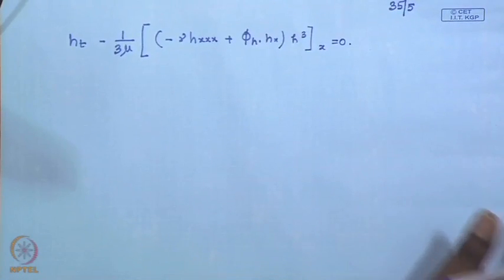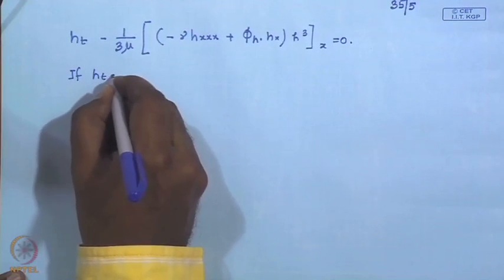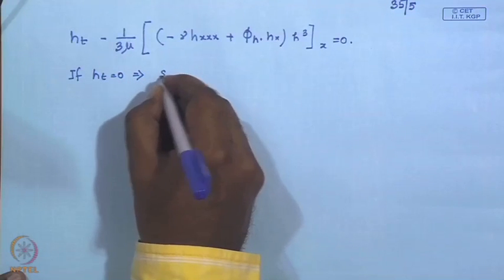So if h t is equal to 0, then one gets a steady state solution.